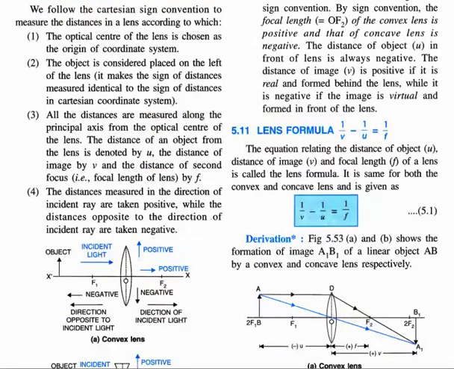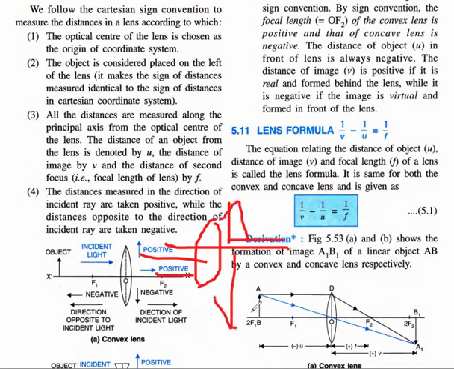Okay, so first thing first, this is a lens. Anything on top is positive, anything on the right hand side is positive, down is negative, and on the left side it's negative.